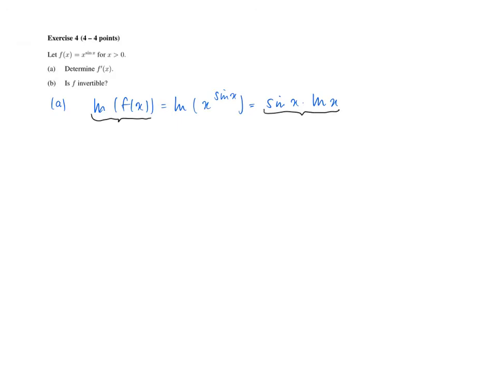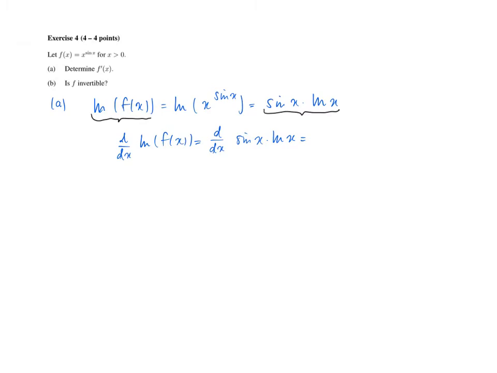We can take derivatives on both sides, so we know that d/dx of the log of f(x) equals the derivative of the sine of x times the ln of x, and we use the product rule here.